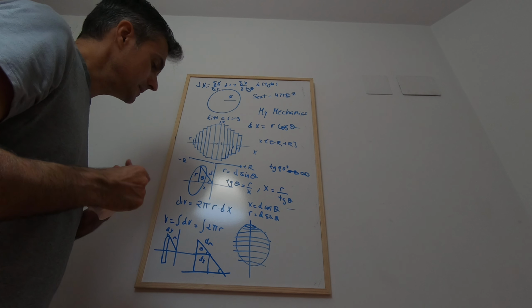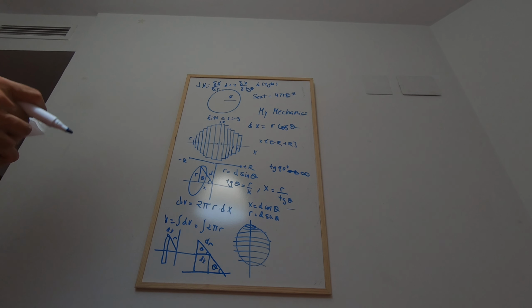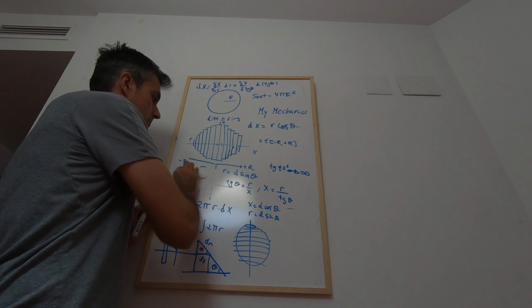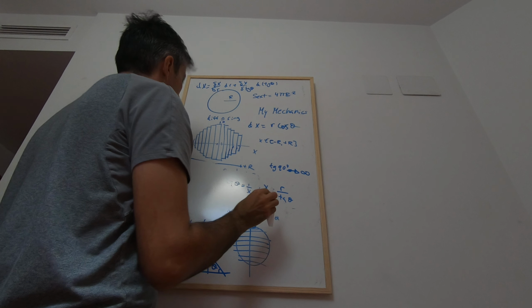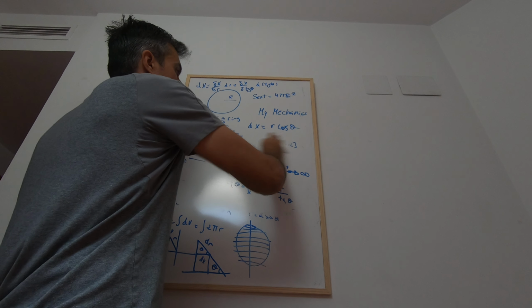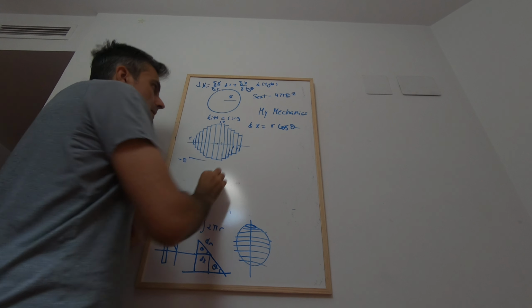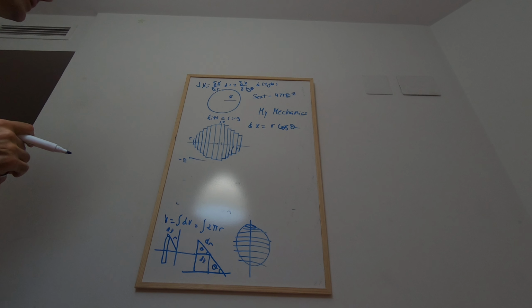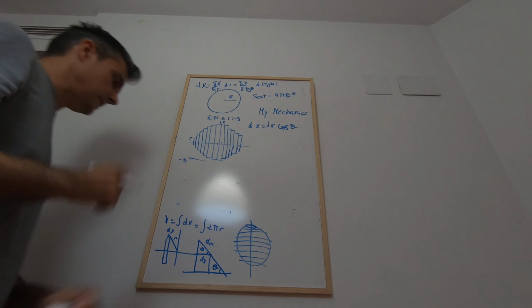I felt this intuition before, but I had forgotten how to rethink it again. So that could work. Differential of x is differential of r cosine of theta.